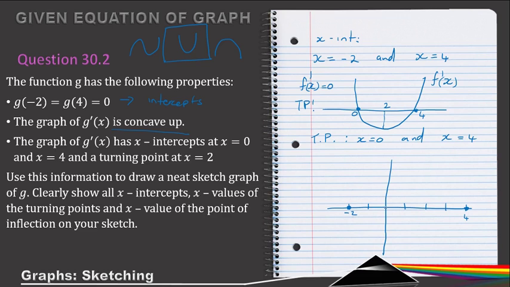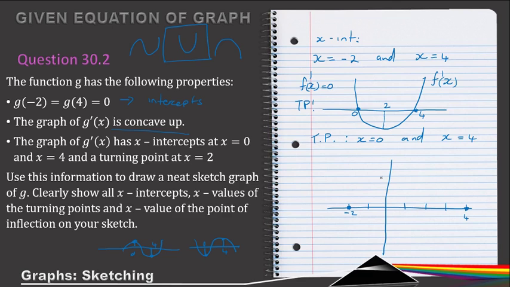So this is a turning point over here, and we're going to use this piece of information to find out what shape it is. So remember our two shapes, we've got this shape or this shape, okay? We know this one turning point is at 0 and the other turning point is at 4. Or it could look like this, where our one turning point is at 0 and our other turning point is at 4.